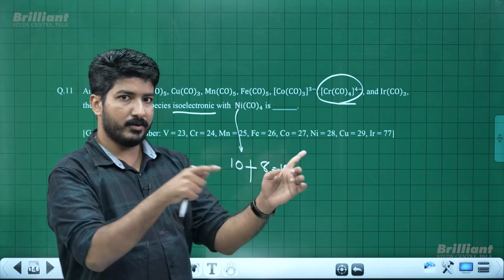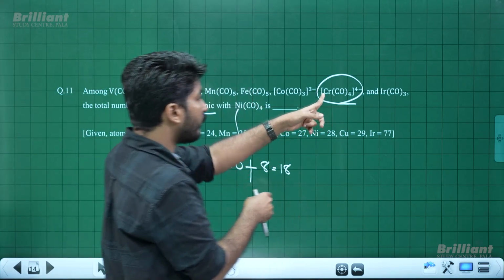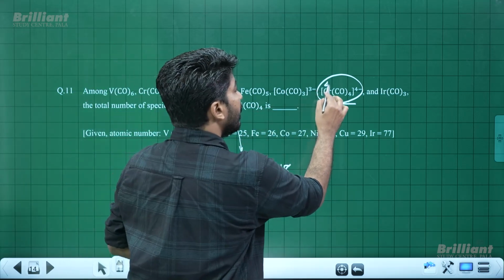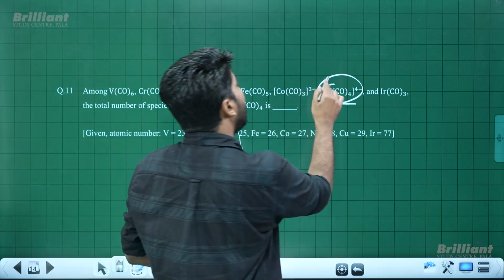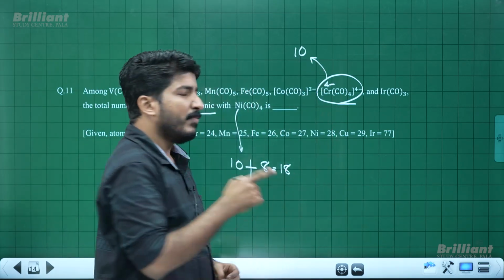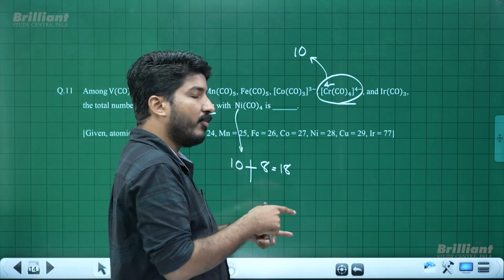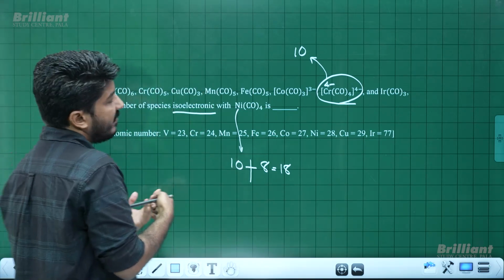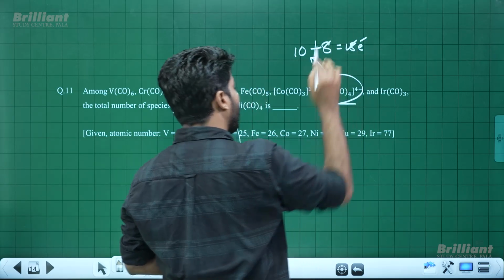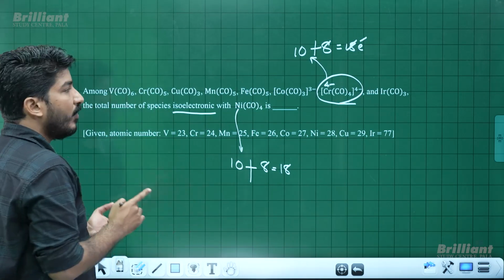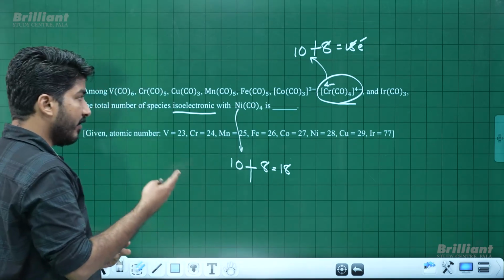And if you look into this complex, Cr(CO)4 4-, the central atom Cr 4- again has 10 valence electrons. Chromium had 6 valence electrons, and 4 minus means 6 plus 4, 10. 10 plus 2 into 4, 8, which is 18 electrons. So if you are strictly following the definition of isoelectronic species, our answer will be 1.